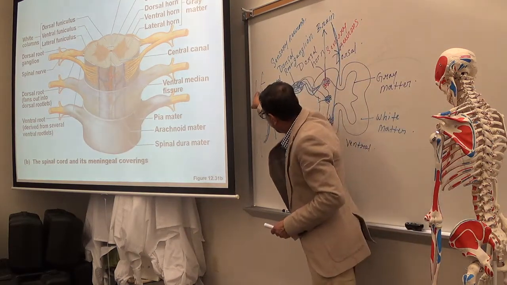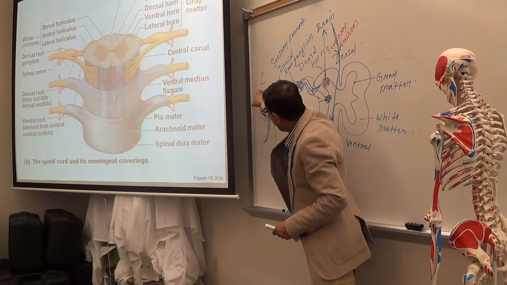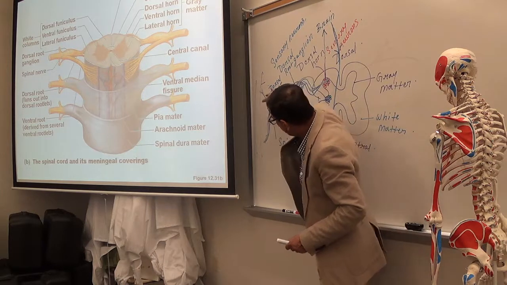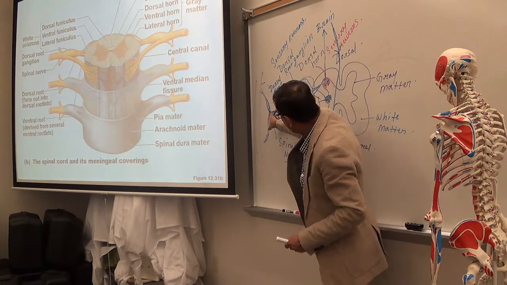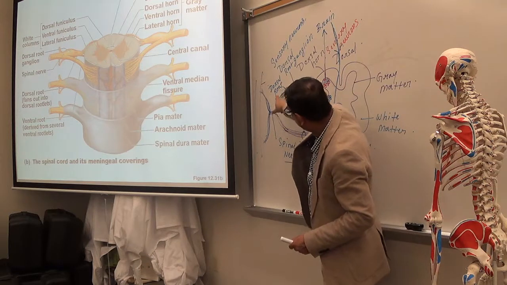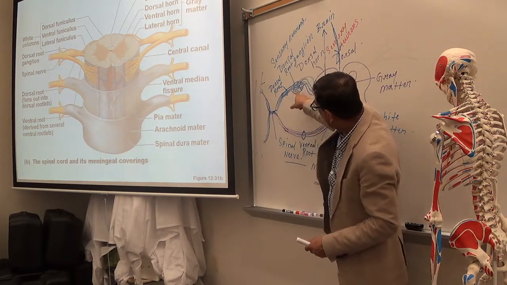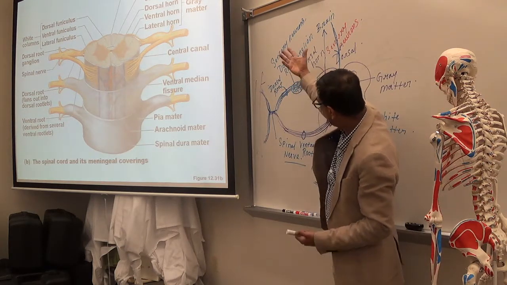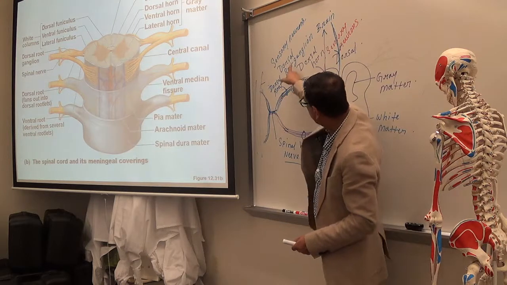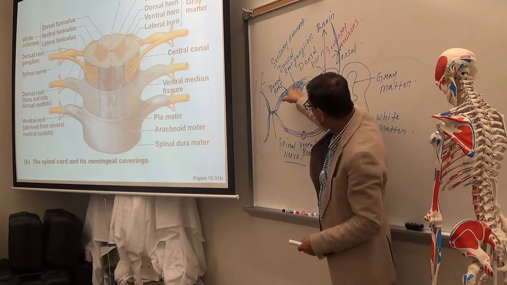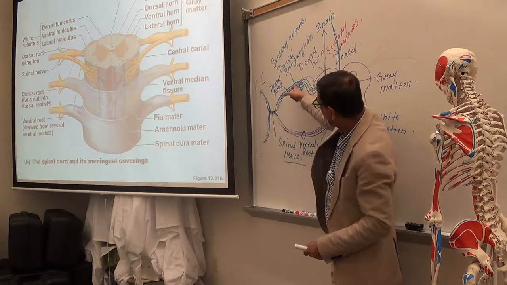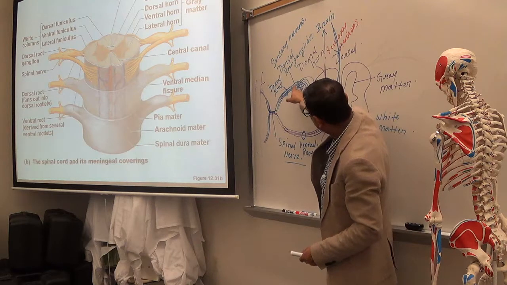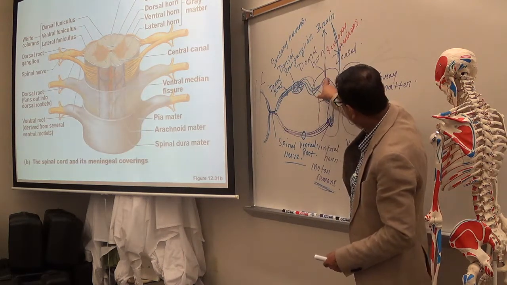If I touch the skin, from the skin, the signal will come to the spinal nerve, which is short, and will then go to the dorsal root, and will be taken to the dorsal root ganglion. There is a round structure in the dorsal root that is called the ganglion, and since it is in the dorsal root, it is called the dorsal root ganglion. You have sensory neurons there.